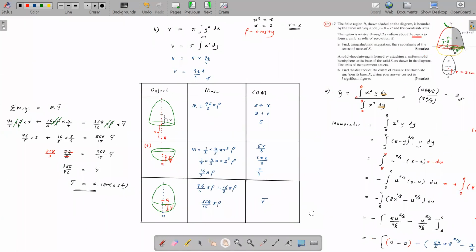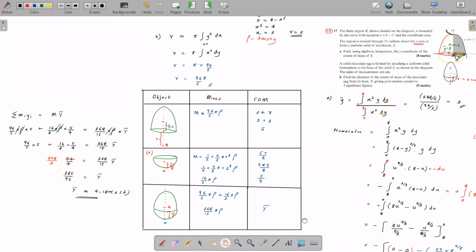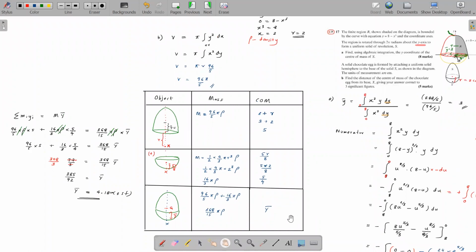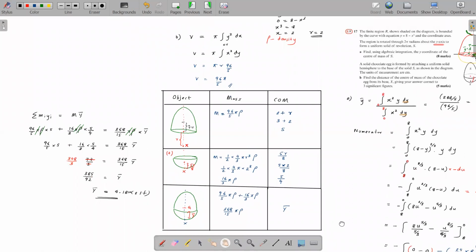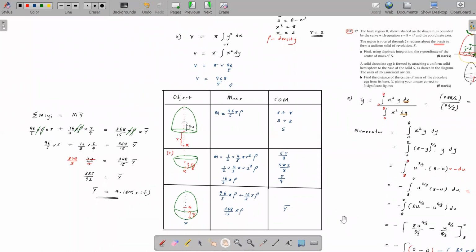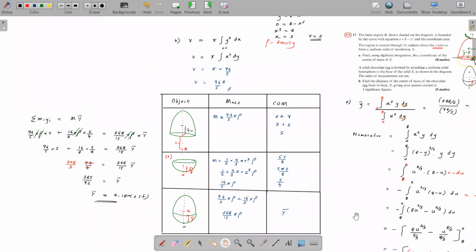So this is the full center of mass question, and now you can see how questions come up in the exam. You use integration, find the center of mass, and use that in another part to form a complete solid. And then you find the center of mass of that complete solid. I hope all of you understood all these questions that I've done so far.